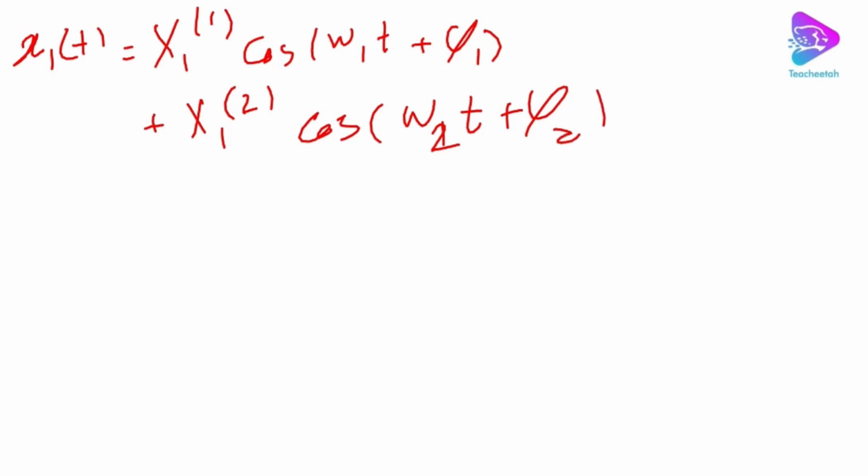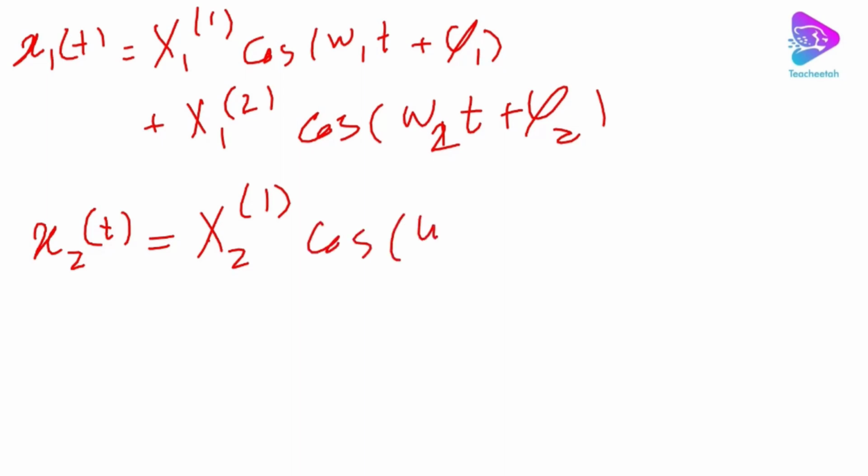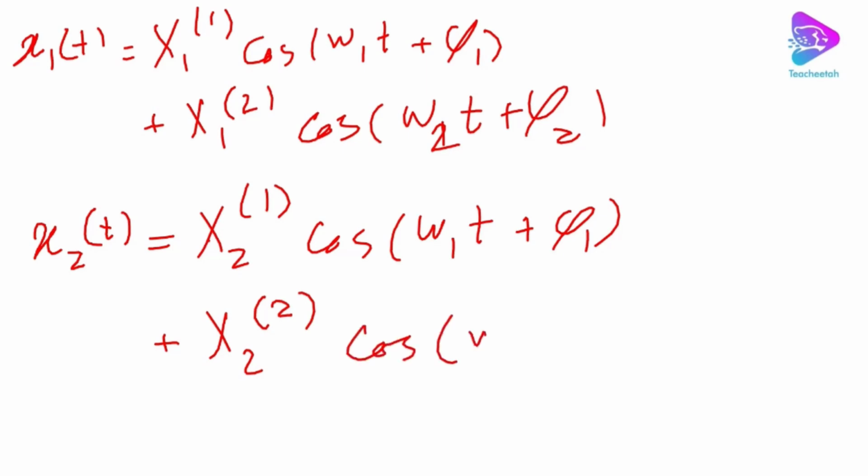And for the second mass we have x2(t) equal to x2 1 cos(omega 1 t plus phi 1) plus x2 2 cos(omega 2 t plus phi 2).